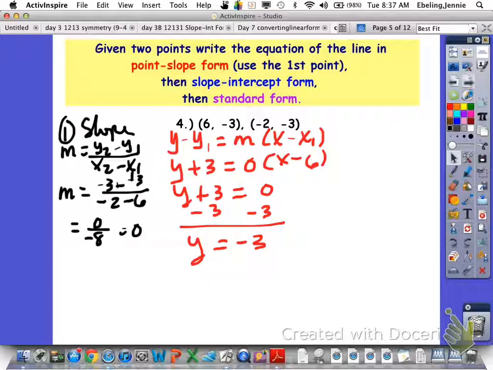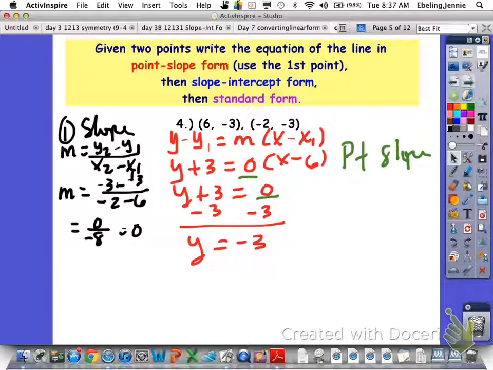Okay, in this example, did you notice that the slope turned out to be a 0? So if the slope is 0, remember what happens in our equation. When I go to put it in point-slope form, I have this 0 out front. And so if I multiply by it, it just gives me a 0 on this side.